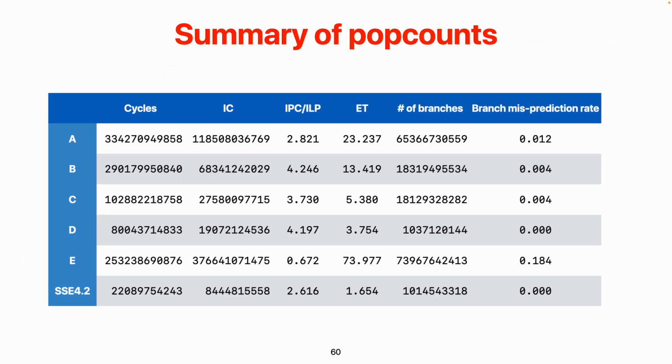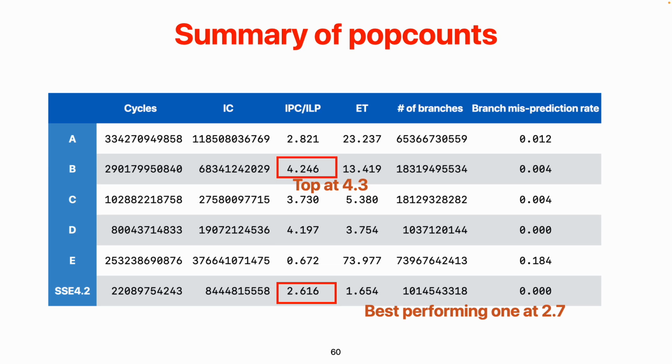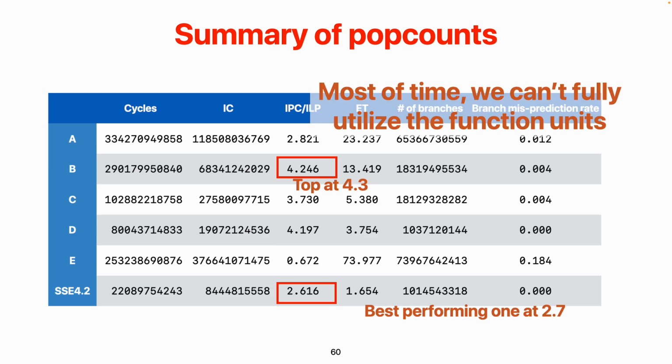And even for the best case, if you look at the instruction level parallelism, which is the reverse of your CPI, you will figure out that even for the best CPI that we can achieve, we still can only use 4 out of the 5 ALUs or memory units. So we have 12 issue widths, but the best is only used at 4, right? And if you do hardware acceleration, you only use 2.6. So what that means is that most of the time, you cannot fully utilize the functional units that you have in the processor, right?